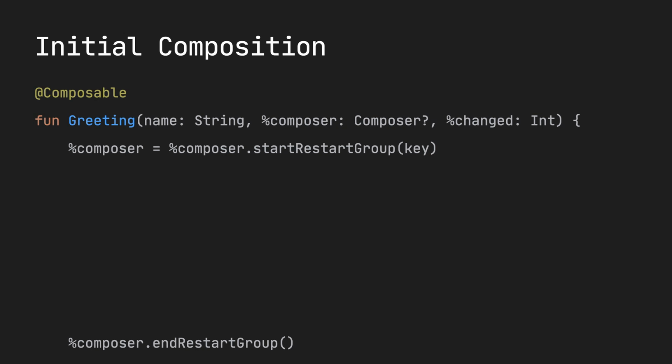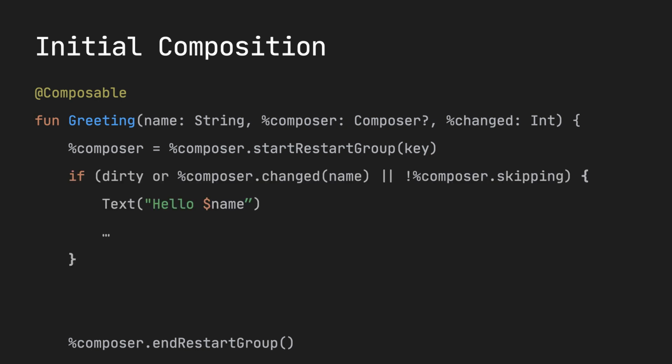At compile time, it's going to transform this greeting method. It's going to add a composer, add in a changed value, and tell the composer to create a restart group, and we'll look at what that means. Around your function body, it's going to wrap in bit masking logic to determine whether to skip the composable method or not, as you can see there.